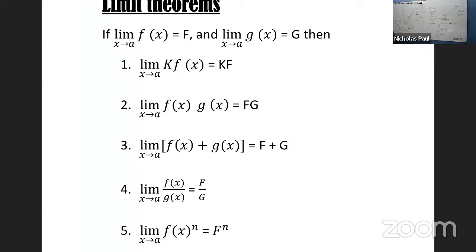One on top, right? You don't understand the concept of the limit.